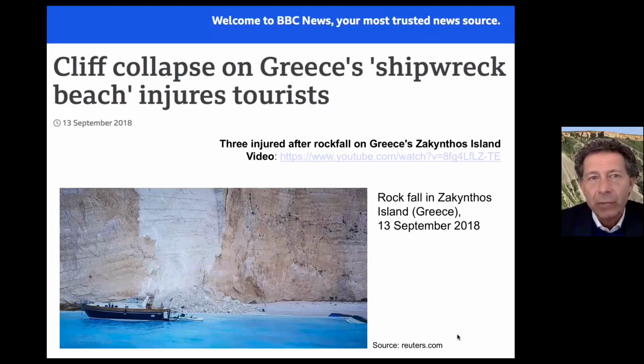This is called Shipwreck Beach, which can be reached only by boat and where there is a sunk shipwreck. So many visitors go there to enjoy both the beach and the sea around. And three people were injured due to a rock fall back in 2018.